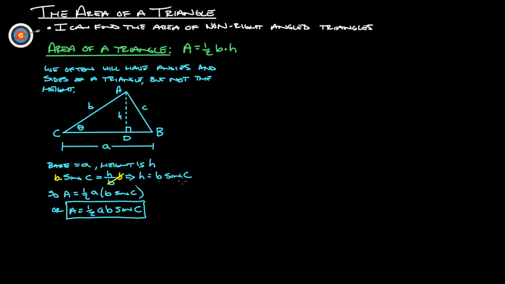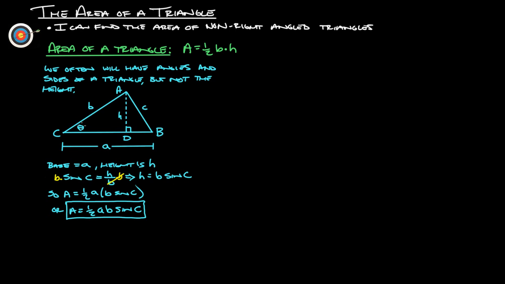What we're going to do is replace this height here with b sine C. So that just goes right into that spot. So the area is 1/2 ab sine C.